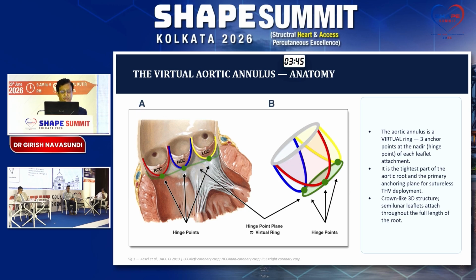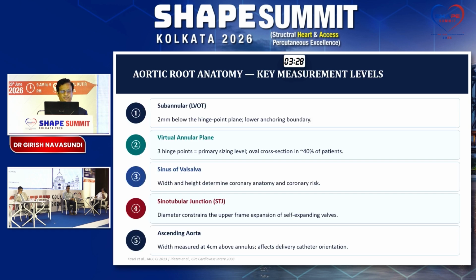You put a virtual ring, that is where you're probably aiming your device. It is the tightest part of the aortic root and the primary anchoring plane for sutureless transcatheter heart valve deployment. That's what you need to aim for.